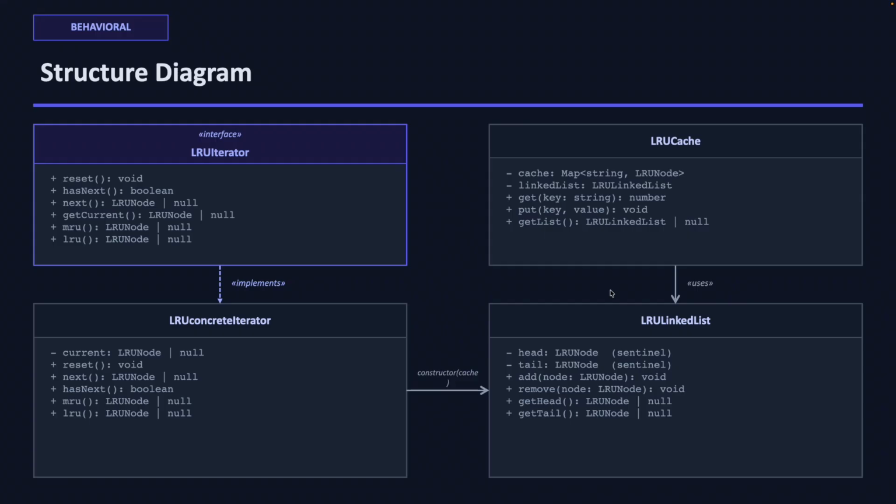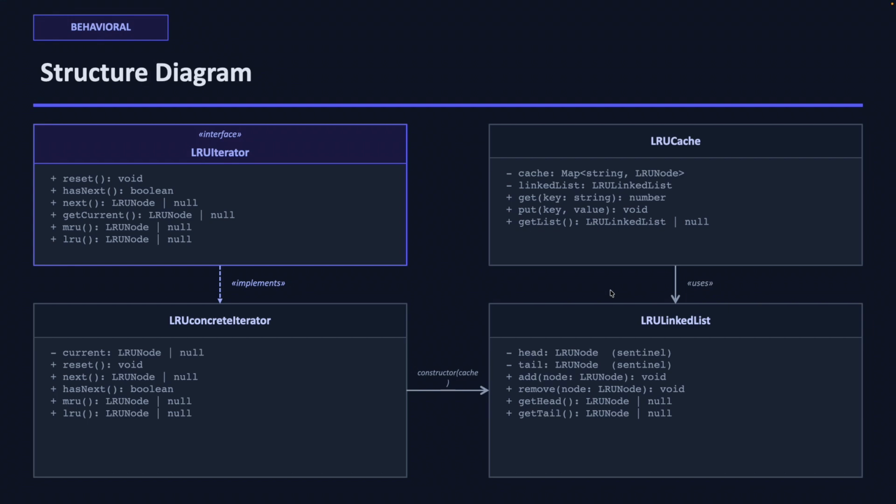For a demo, we have this structure. There are 4 participants in the implementation. We have the LRU, least recently used, iterator interface, and the least recently used concrete iterator that implements it. And then we also have the least recently used cache, and also the least recently used linked list.